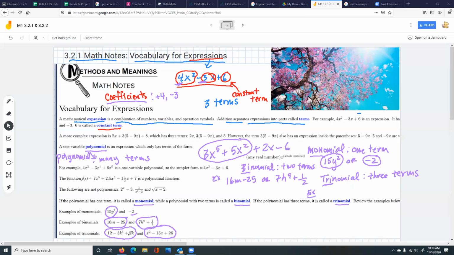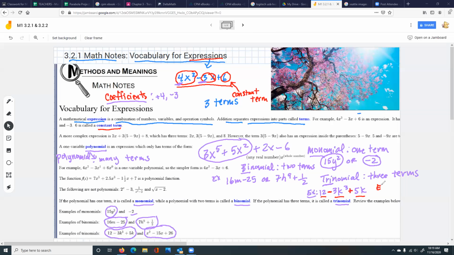Let's write the first one that's here. 12 minus 3k cubed plus 5k. That has 1, 2, 3 terms, right? 1, 2, 3 terms, all separated by a minus and a plus. That's a trinomial.